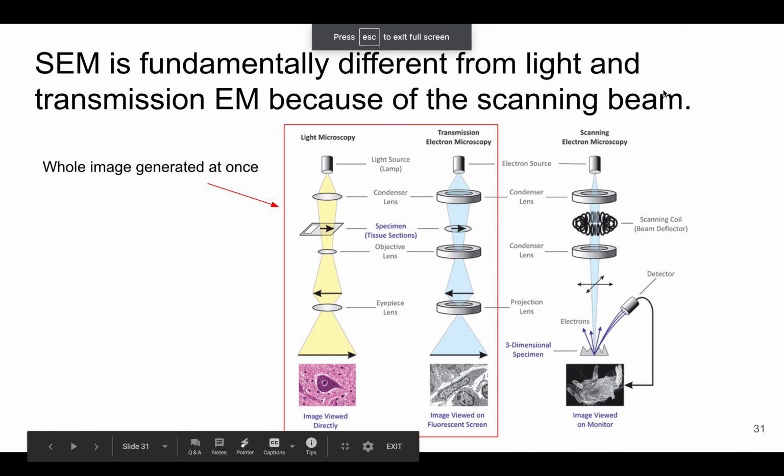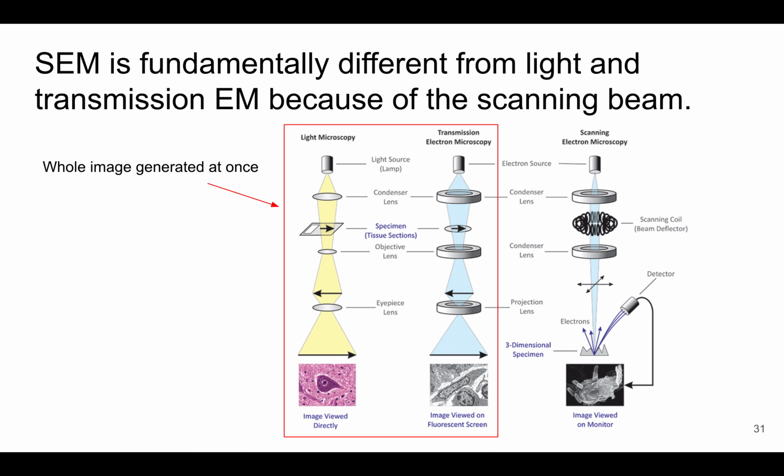All right, so let's talk about the one part of the SEM that is inherently different from light microscopy and from transmission electron microscopy, or TEM. Both light and TEM generate the whole image at once with a single beam.